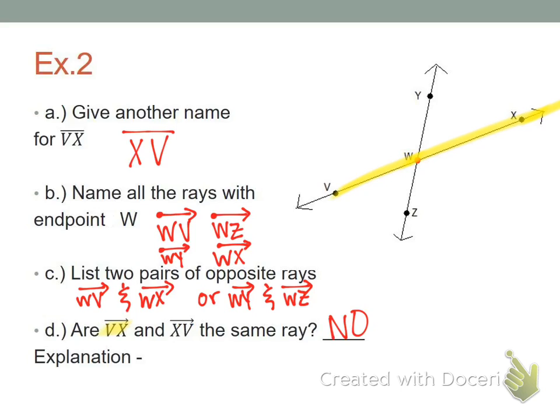If instead we are talking about ray XV, we're starting at point X and headed towards point V. So they overlap a lot, but they are not the same. So your explanation could be they don't have the same endpoint. That's a really simple way of saying it. Don't have the same endpoint.